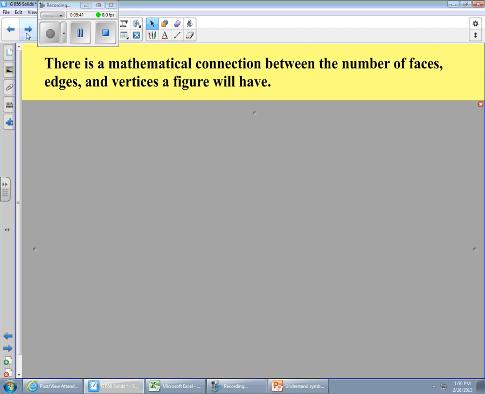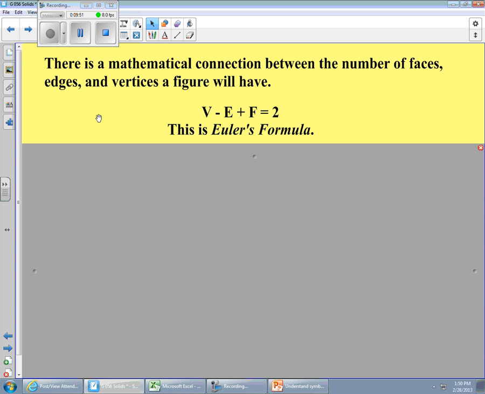This formula is not a new formula, but it's the first time I've ever heard of them expecting high school geometry students to know it. So we do have a new formula we're going to have to become familiar with. It's named after the gentleman that came up with it, and it's called Euler's formula. That is the way his name is pronounced, even though that's not the way it looks.